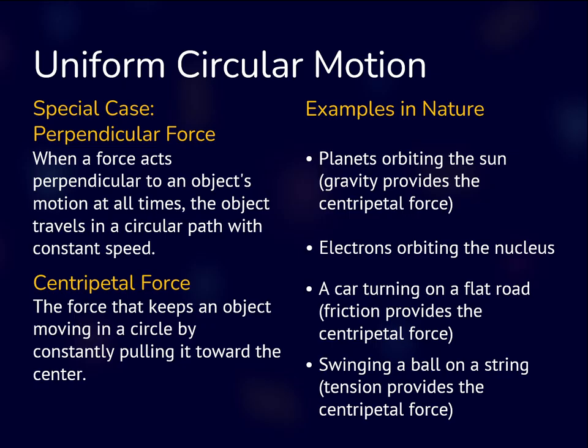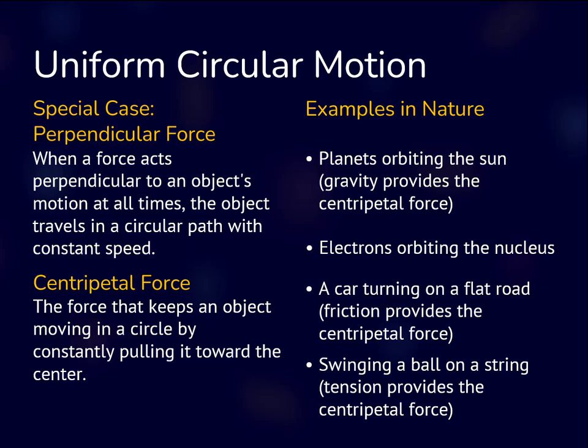Because velocity is a vector quantity, which means it includes both speed and direction. So, a changing direction means a changing vector. So, to keep something moving in a circle, there must be a constant force pulling it toward the center of the circle. This force is called the centripetal force, and it always acts perpendicular to the motion.